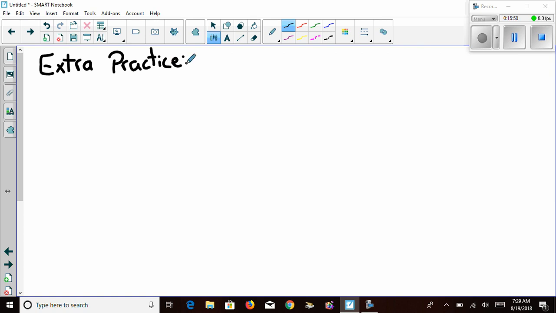So, your 2 problems are, so first one, 6 n cubed times 4 n cubed m squared.